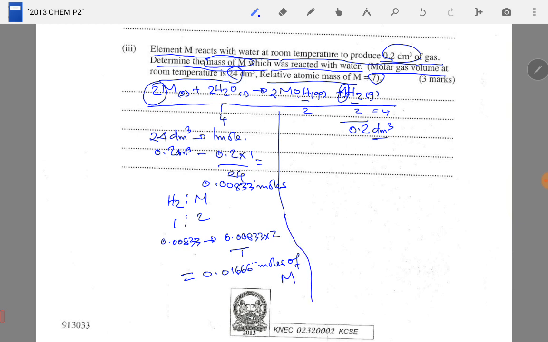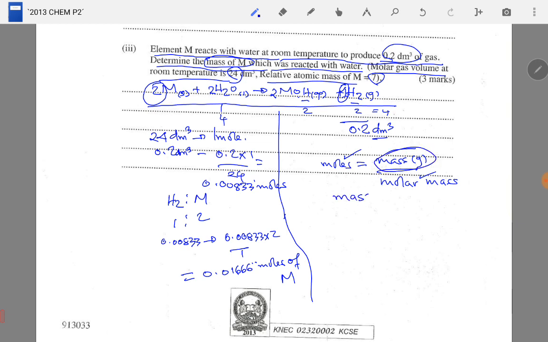Now next we calculate the mass. If moles is equal to mass in grams all over molar mass, therefore if you know moles, you know molar mass, you can work out the mass.